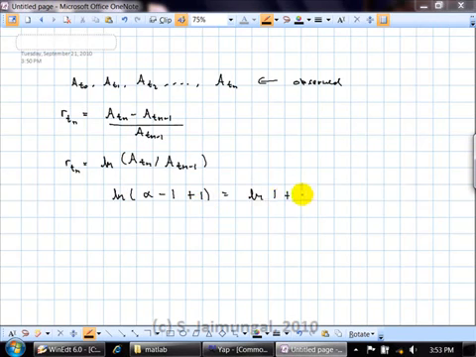That's a log of 1 plus, or 1 minus, alpha. Agree? Yeah? Okay. Then I would say alpha is the relative price, right? Alpha is this ratio. It's this ratio that's showing up there.